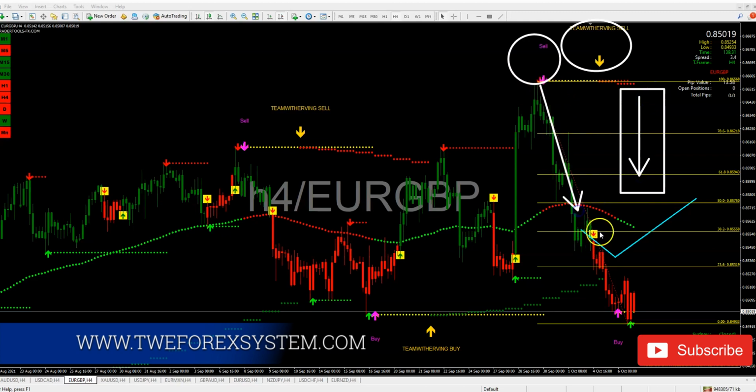I knew the market was selling, so it was not ready yet to be in a buy position. You always wait for at least Monday or Tuesday, to be honest. I told you guys the market was going to retrace and retest this previous multiple time frame green arrows in here, this low here, which is basically the 23.6 Fibonacci line, but instead the market dropped all the way to the next multiple time frame in here.